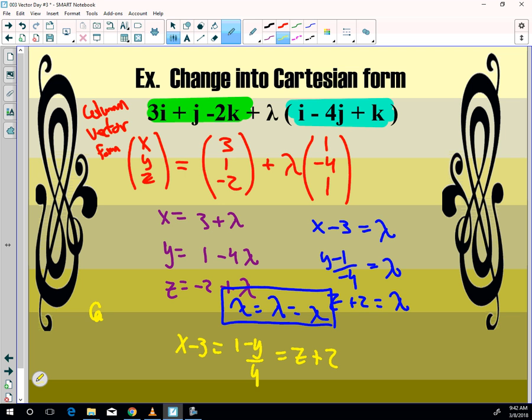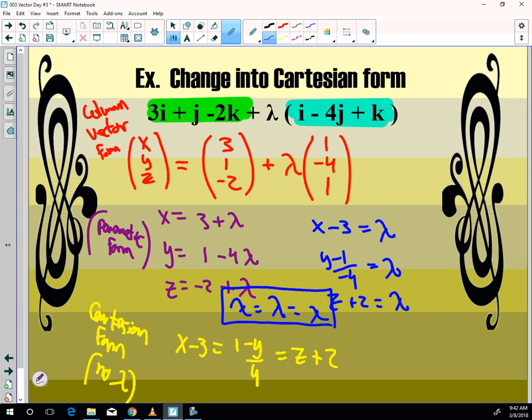So this is my Cartesian form, no lambda. And then this is going to be my parametric form. And we're good to go.